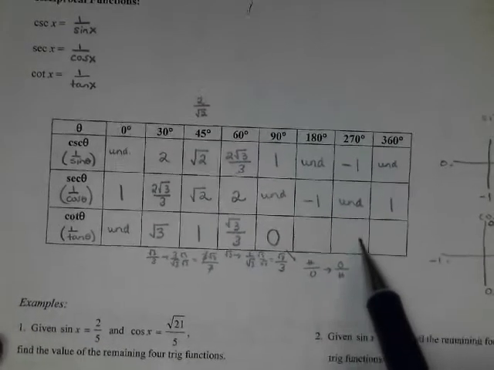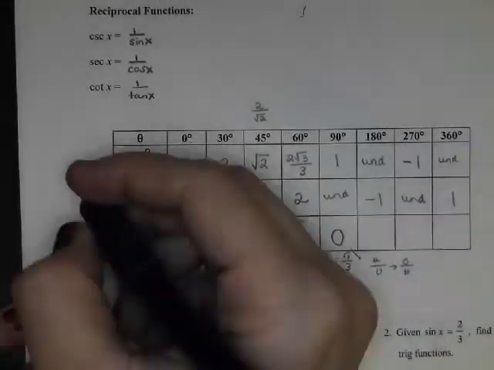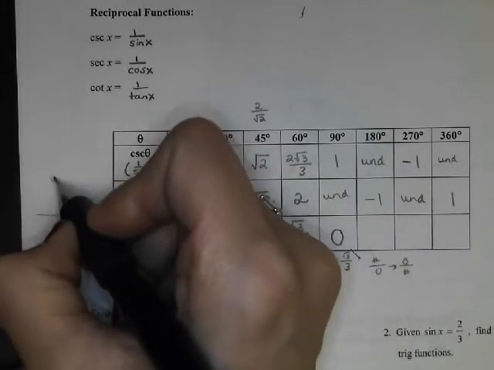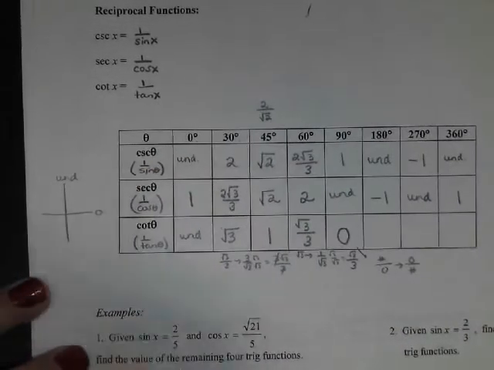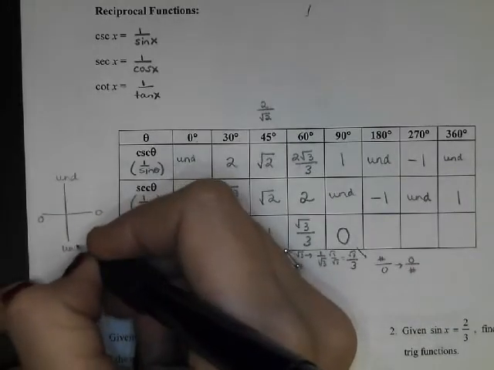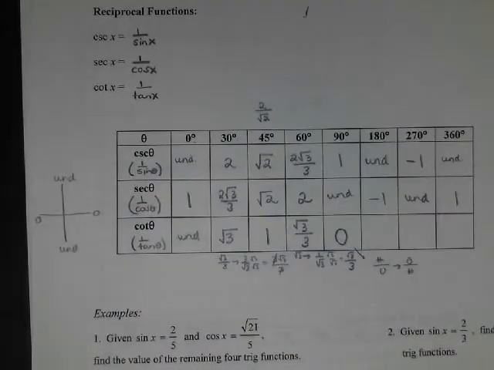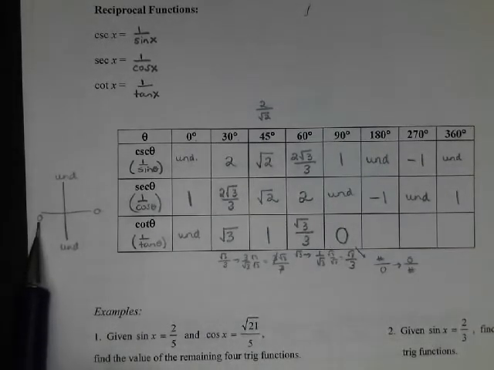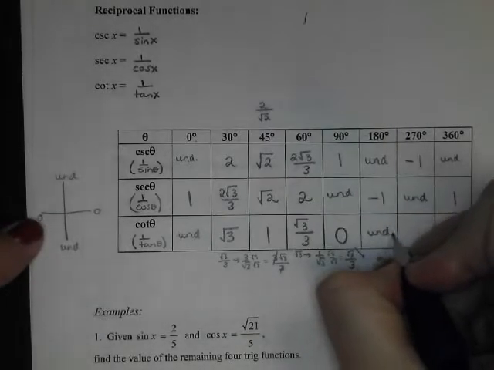And then to get to my other non-quadrant angles, my tangents go from 0, and then they increase indefinitely until undefined. And they decrease back down to 0, and then undefined again. So, for cotangent of 180, well, the tangent is 0, so the cotangent would be undefined.